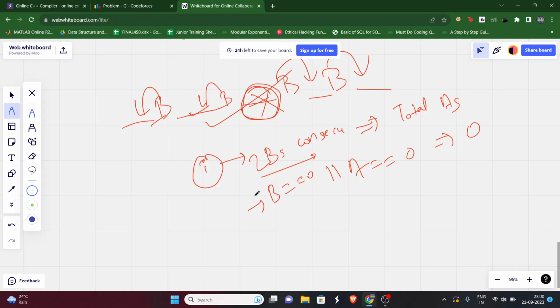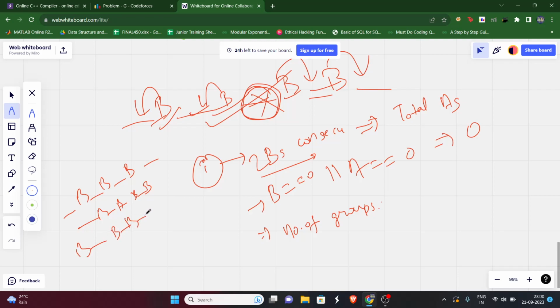Now, if there are no two consecutive B's and neither is 0, that means the B's occur just a single time. So we'll have the number of groups of A, and then the number of groups of B. B can be something like this, or here and here, or B dash B, or in this case it can also be something like this.